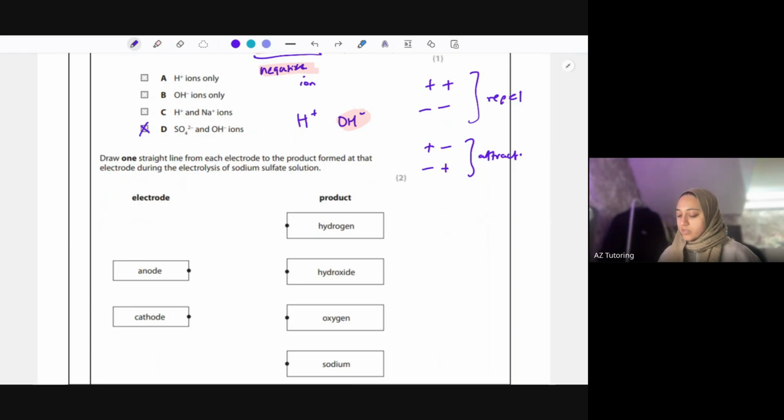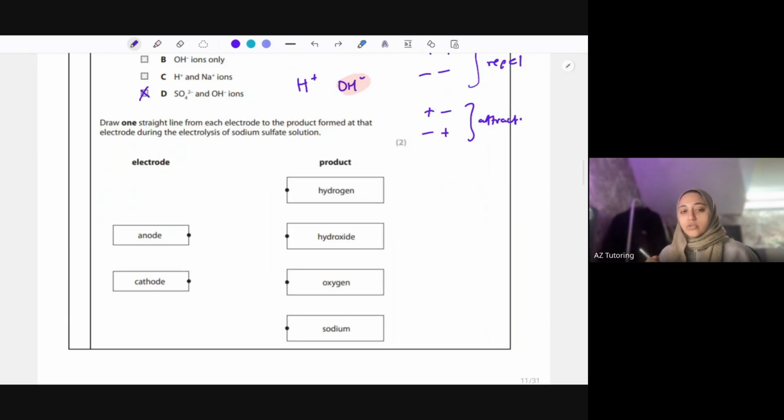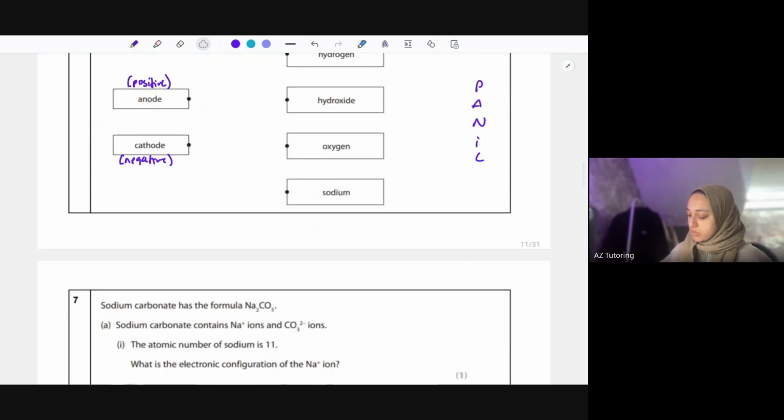Draw one straight line from each electrode to the product formed at that electrode during electrolysis of sodium sulfate solution. So the cathode attracts cations, and cations are positive. So the cathode is negative, and the anode is positive. You can remember it using the panic mnemonic, I'll leave it there actually.